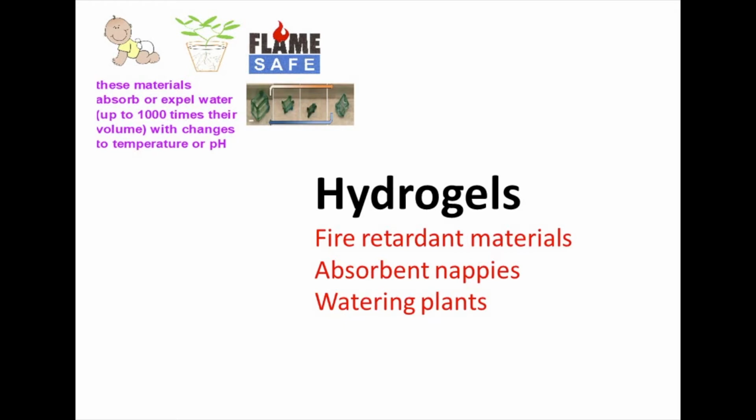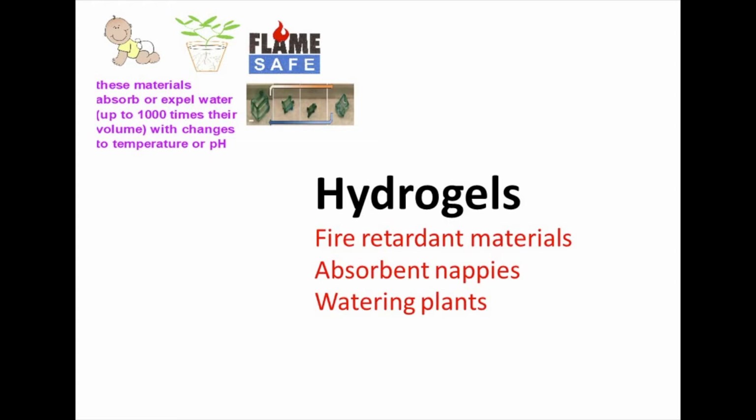Also, you can have fire retardant materials. So if you build flats or houses now, in the cavity wall, you can put hydrogels that are impregnated into the wood or the stone or the plasterboard, and what will happen is it won't allow the fire to spread because the hydrogels will have water in them.